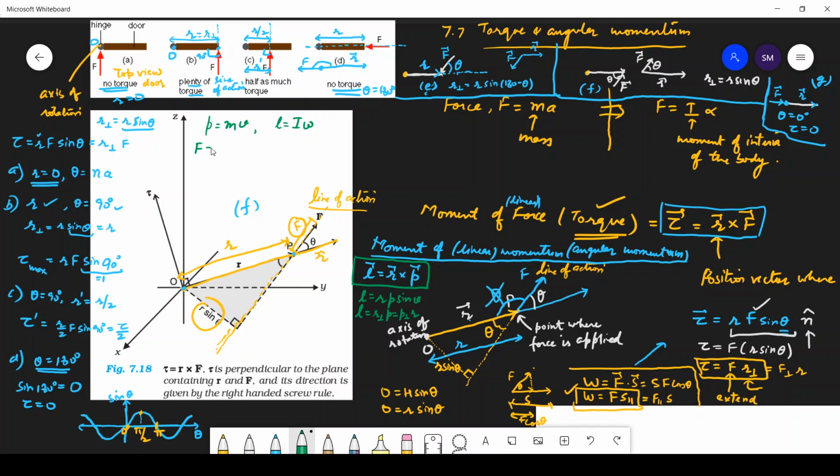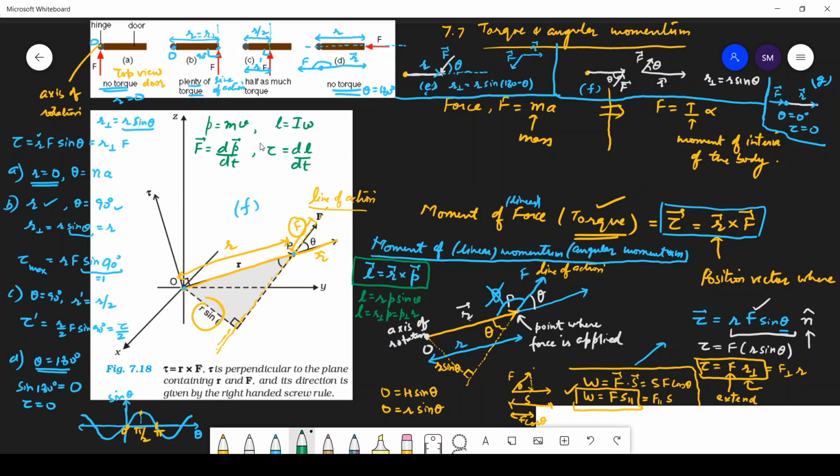Now what is F equal to? dP by dt, Newton's second law. So similarly here, if we replace both the force and P with their moments, what do we get? Tau equals dL by dt.